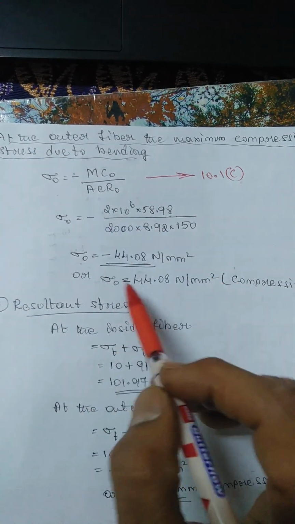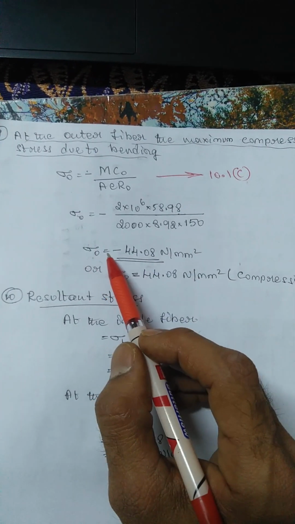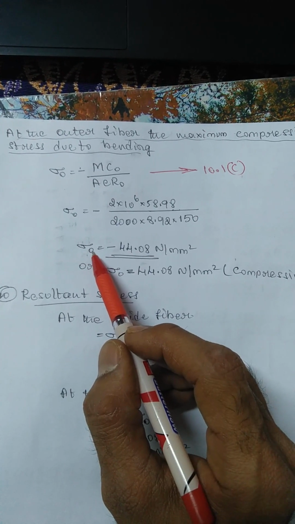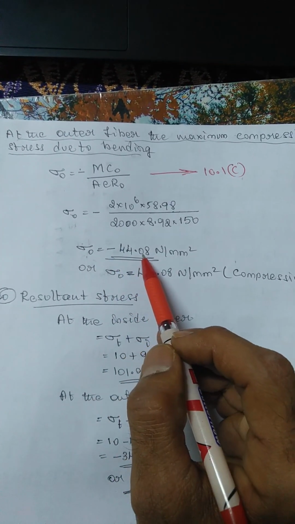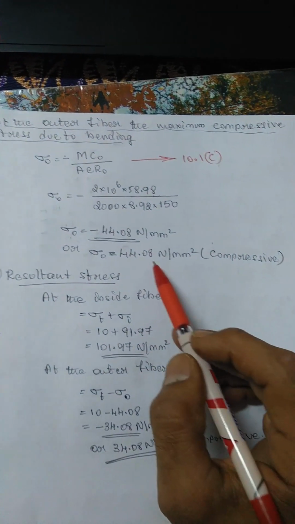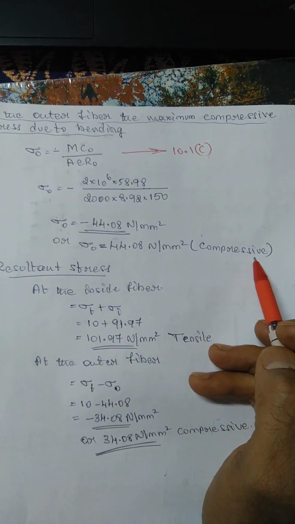Substitute each value, co, ro and so on. Sigma o, the stress at the outer surface fiber, is minus 44.08 Newton per millimeter square, that is compressive.